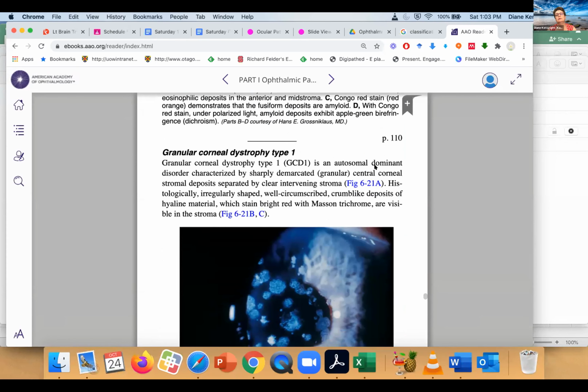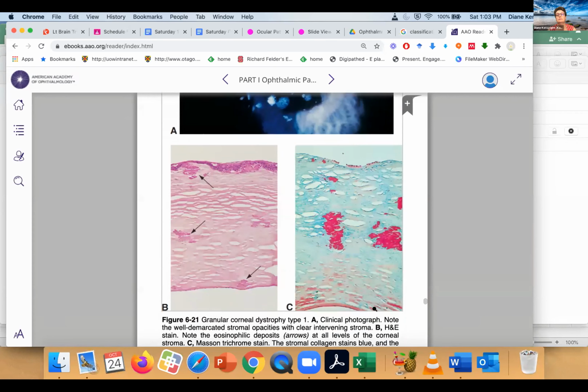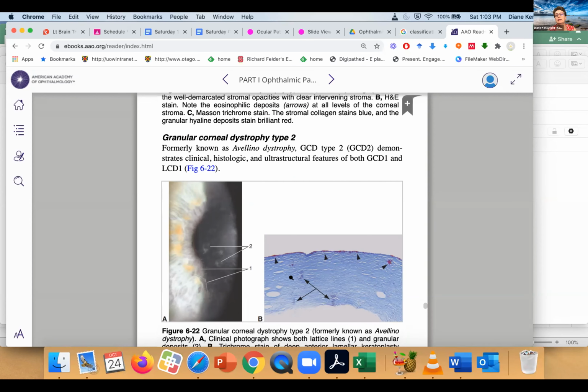Granular type 1. It could be granular type 1. We've got an abnormal deposition, a discrete deposition here. And this also stains bright pink with Masson's trichrome, like rock candy. Could it be granular type 2, previously known as Avellino? Yes, possibly.